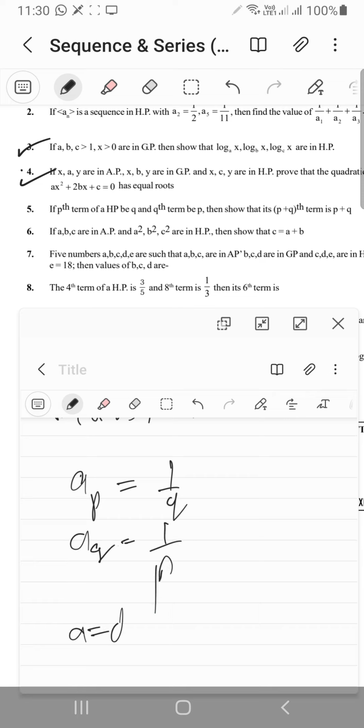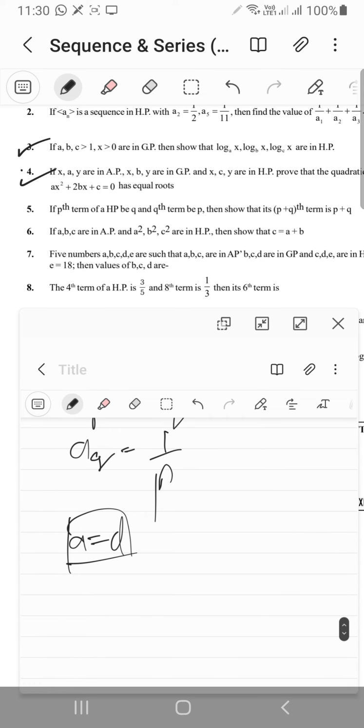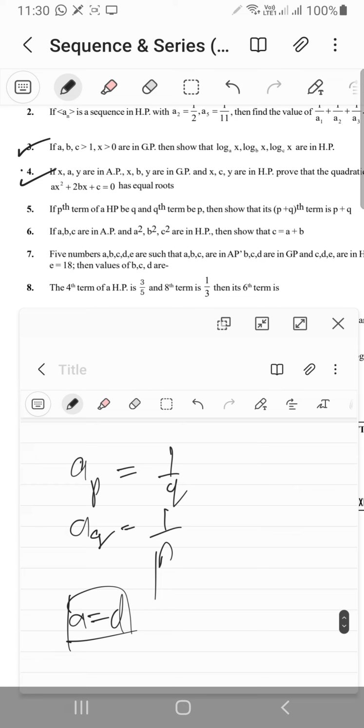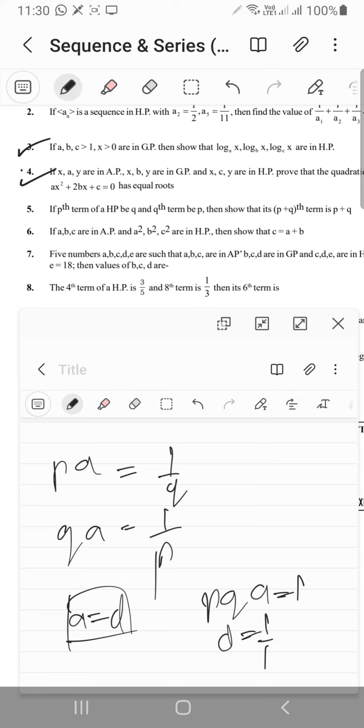So you know a equal to d from the previous thing, and you want to know what the (p plus q)th term is. So what's the pth term really? If the difference is in fact equal to a, then the pth term is just p times a, right? I think that's correct, and this would just be q times a. So that means pqa equal to 1, like a is just 1 upon pq.